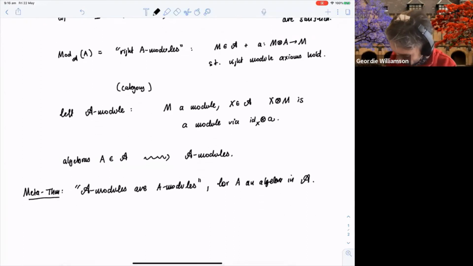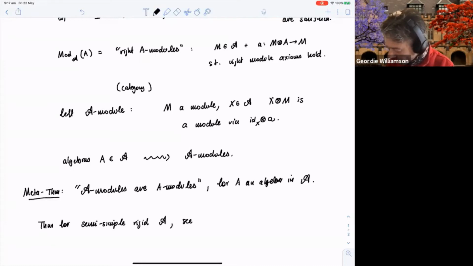This is a theorem for semi-simple rigid tensor categories. The Ostrich paper is in the notes.